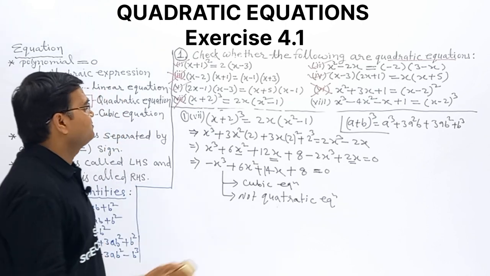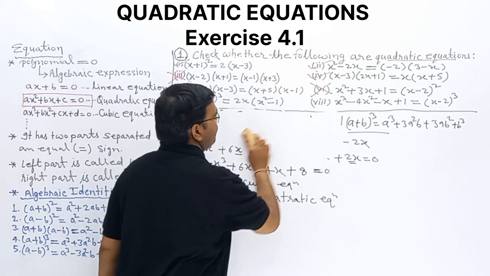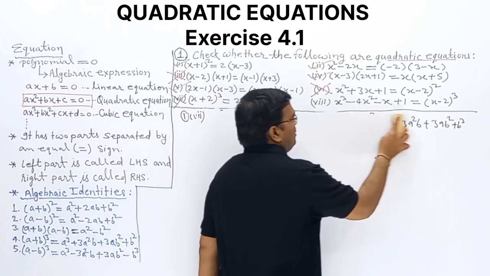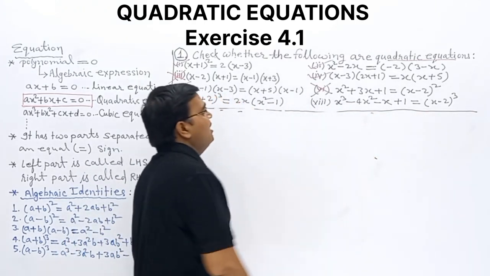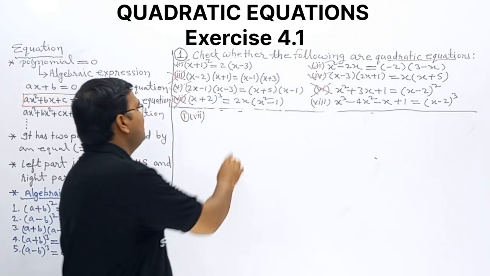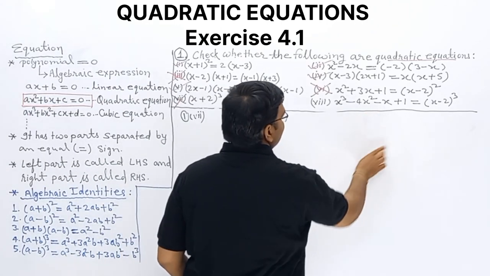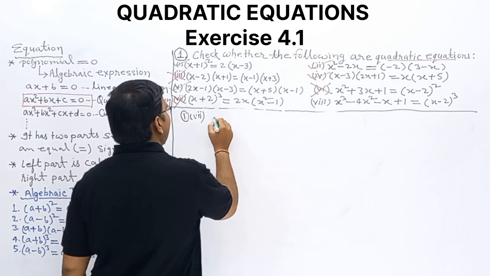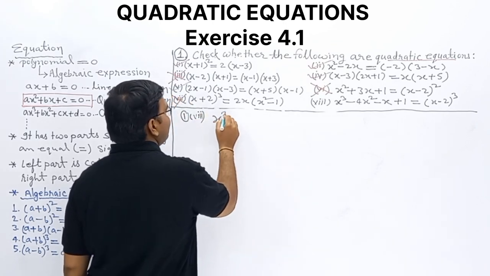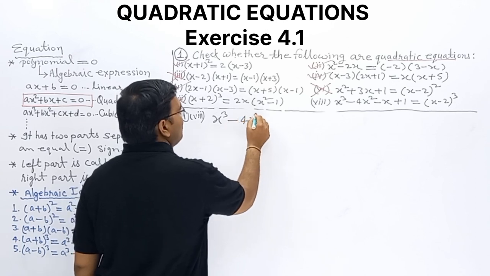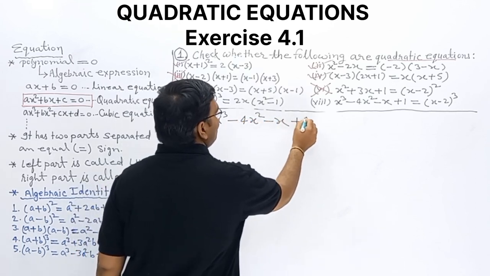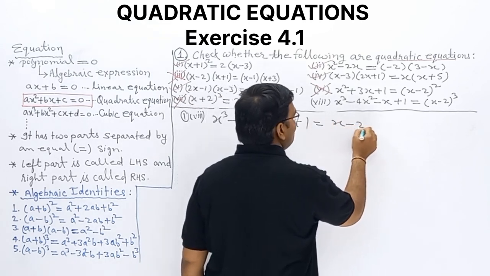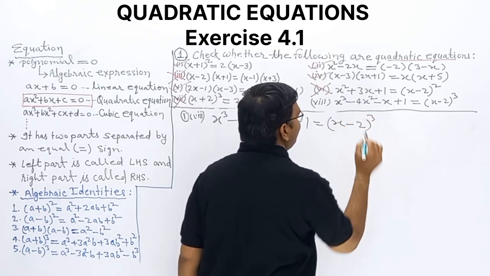Now the last question we are having. Observe carefully. What about this question? Eighth one: x cube minus 4x square minus x plus 1 equal to (x minus 2) whole cube.